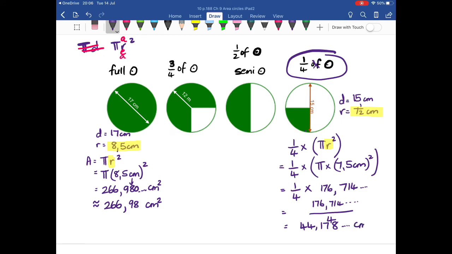I'm working in centimeters. Okay, I have to round off to 2 decimal places. So that's going to be 44,18 centimeters. But remember, it's two-dimensional, so I go and fill in the squares.